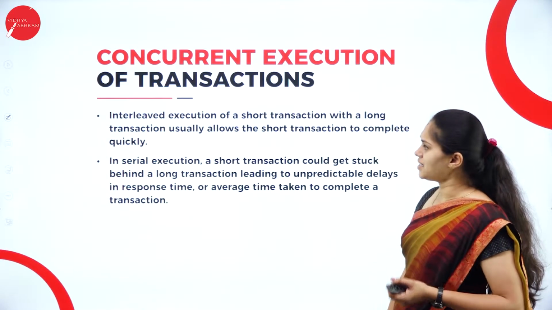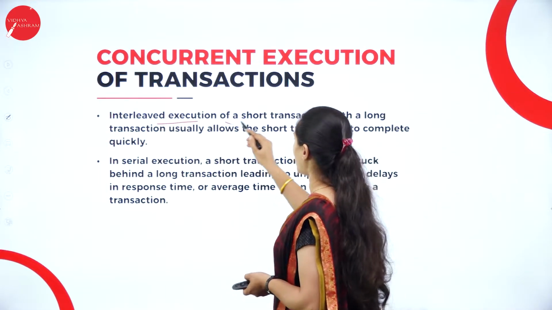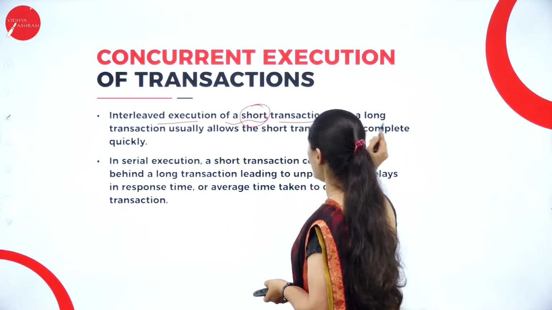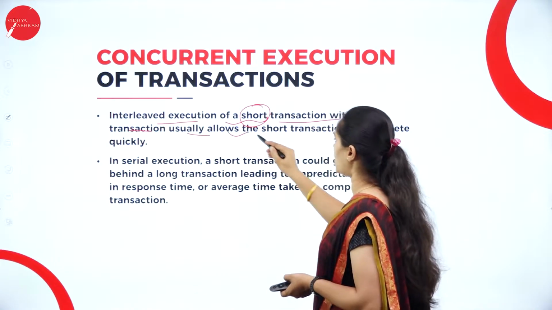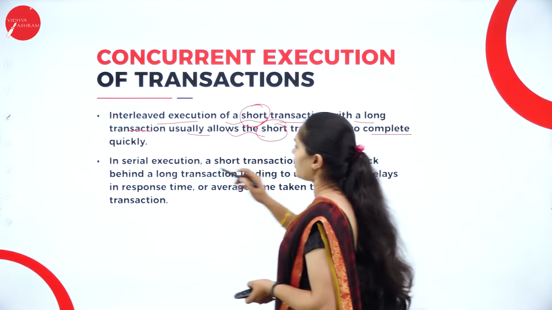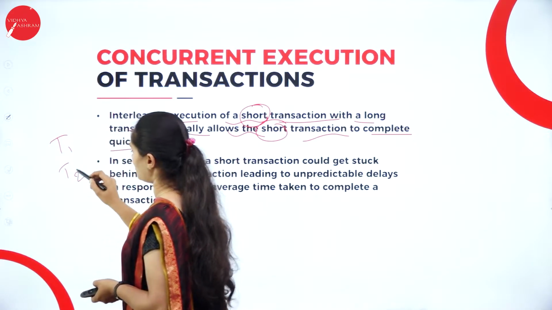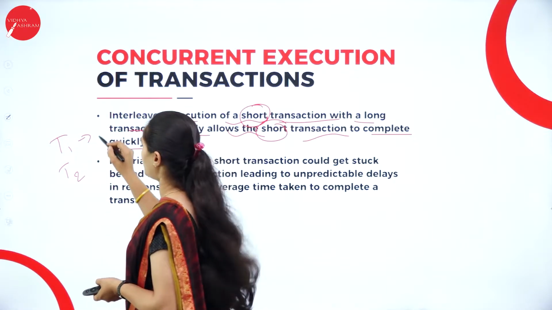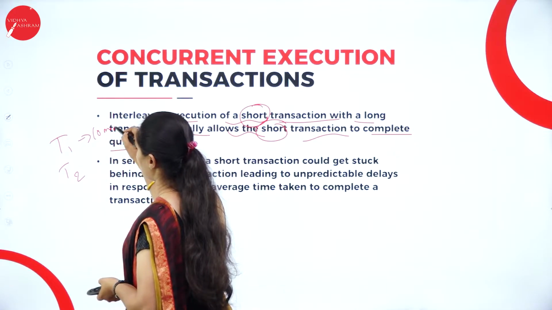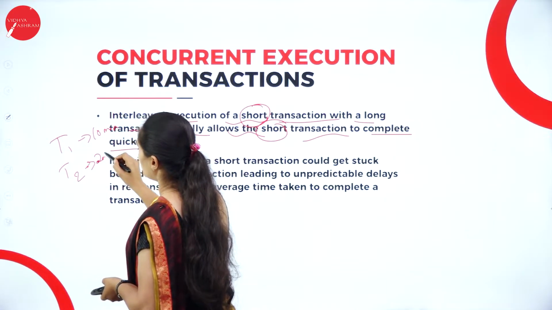Fine. Next, interleaved execution of a short transaction with a long transaction usually allows the short transaction to complete quickly. Imagine I have two transactions, T1 and T2. T1 will take 10 minutes of CPU time, and T2 will take only 2 minutes.